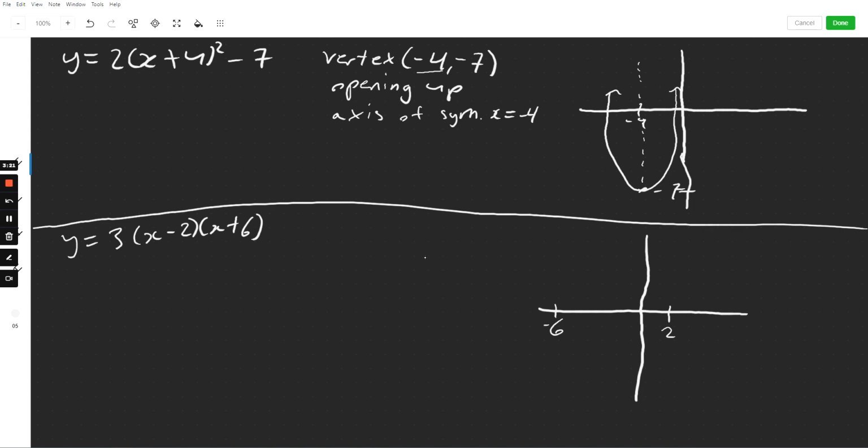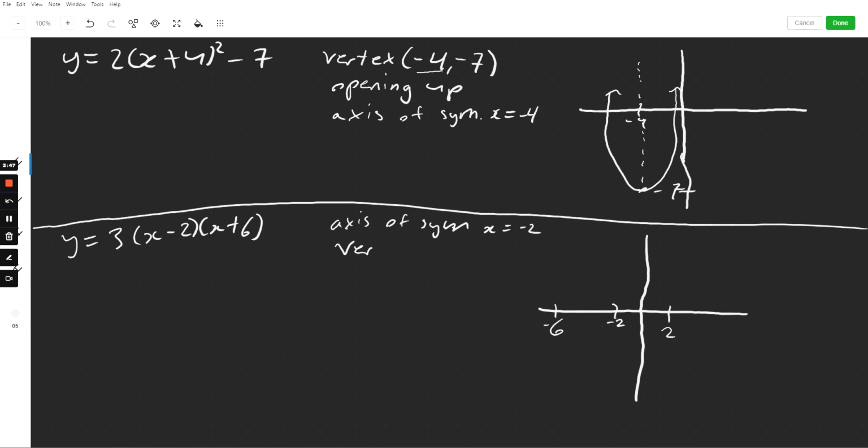That'll be -8, so there's 8 in between. Divided by 2, that'll be 4. So -6 plus 4, that'll be -2. So around here. So that'll be the axis of symmetry, because it is the x value of the vertex. The axis of symmetry is x equals -2.